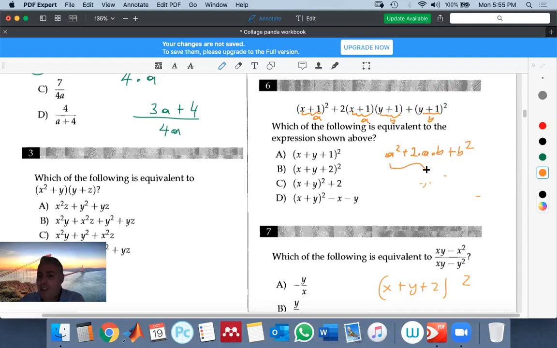And we know this is trinomial, which is equal to a plus b parenthesis square. So what was the a? X plus 1. What is b? Y plus 1. So parenthesis square. When you operate this, x plus y plus 2 to the power of 2, which is part B.